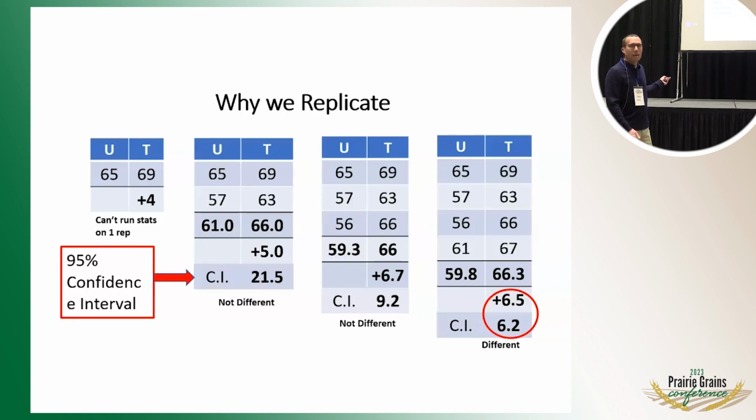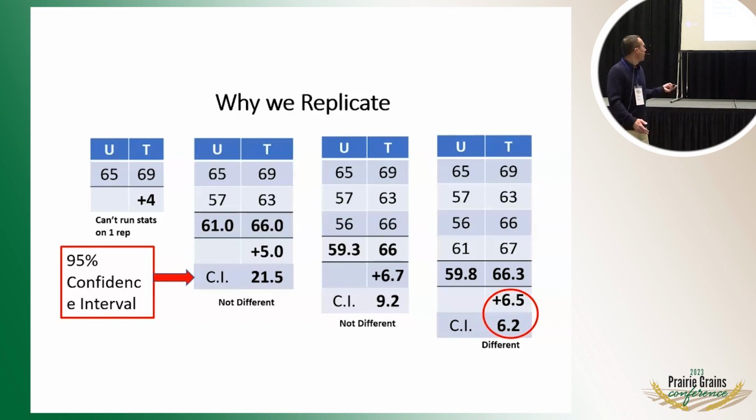You say, wow, great, I got 4 bushels. But you can't do any statistics. We usually use a 95% confidence interval because we want to say with 95% certainty that what we tested is a real response. Maybe that's not the proper statistical language, but it's just to help you understand what we're trying to go for.